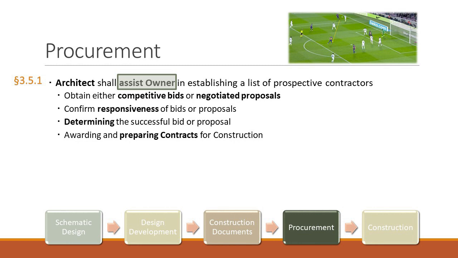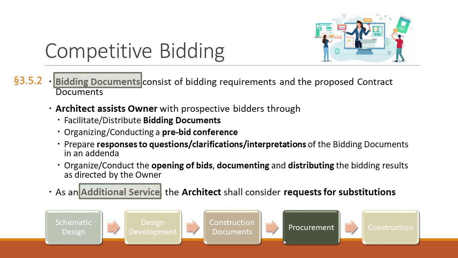They also assist the owner with confirming responsiveness of bids or proposals, determining the successful bid or proposal, and, if any, award and prepare contracts for construction. So when you're looking for a contractor, you basically have two options: competitive bidding or negotiated proposals. Both of those are part of the procurement phase.